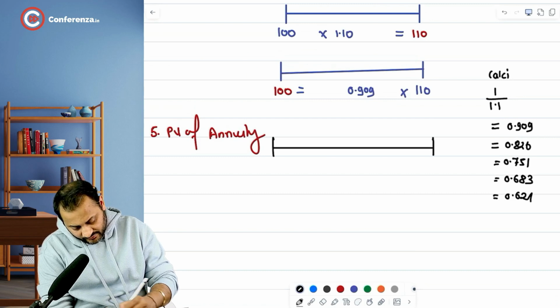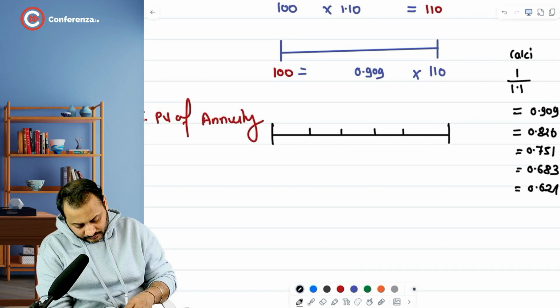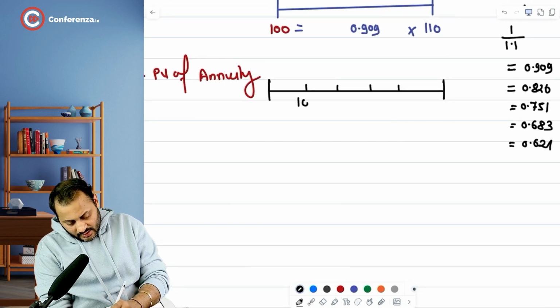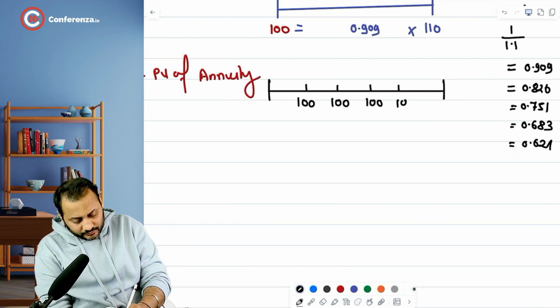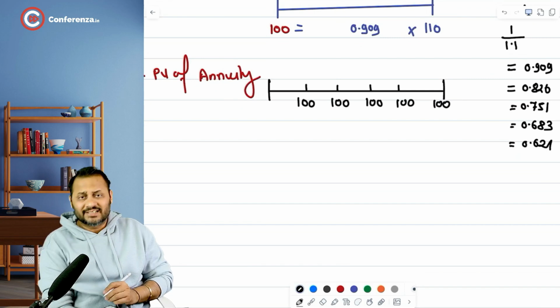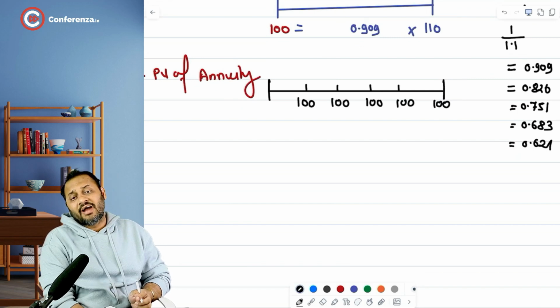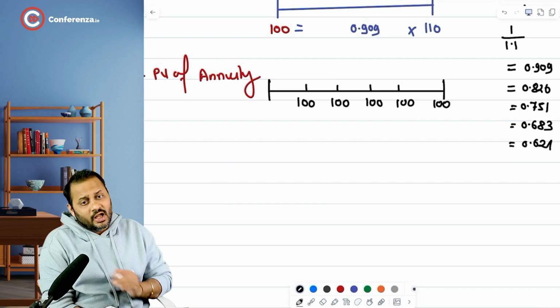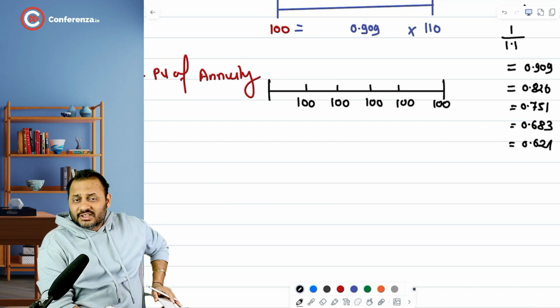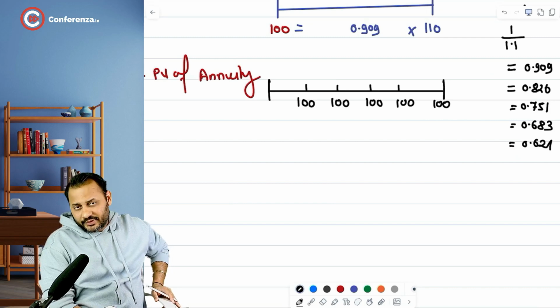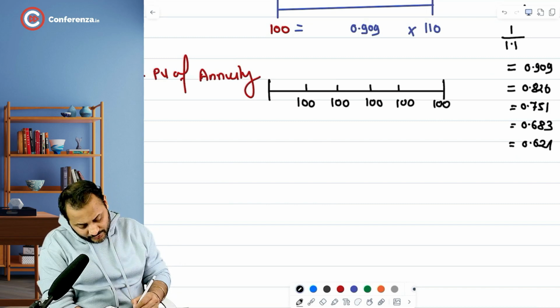Let's take the 5 years, 1, 2, 3, 4 and 5. Now understand, I'm giving you 100 rupees every year for 5 years, and I'm asking you to calculate the present value of all the 100 rupees, not just one, but all the 100 rupees that you are going to receive at the end of each year. What will you do?